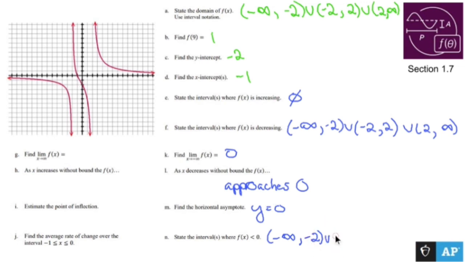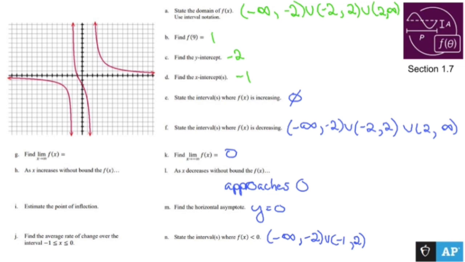So we're not going to include -1 because we're not allowed to include 0. But after -1 and going on to regular 2 is where it's going to stay under the x-axis. Then it reappears above the x-axis and remains above the x-axis. So these are the only two intervals where it's less than 0.